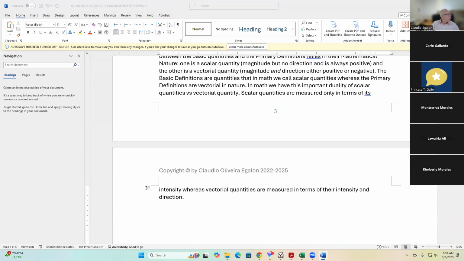Examples. Examples of scalar quantities. Regular numbers: 1, 2, 3, 4, etc. It can be 5.2 as well, doesn't have to be.